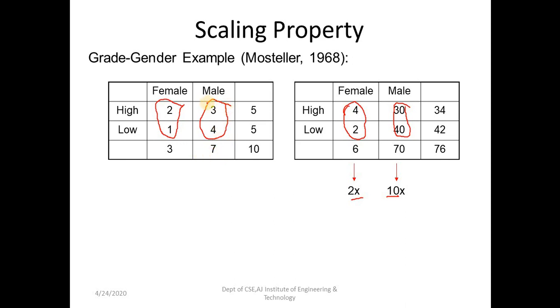So the male ratio for high and low grades is 3:4. Here, the male ratio for high and low grades is again 30:40.